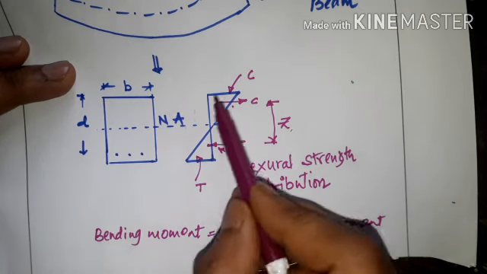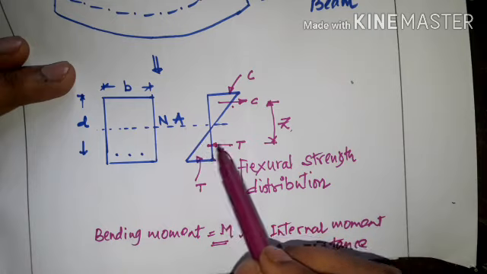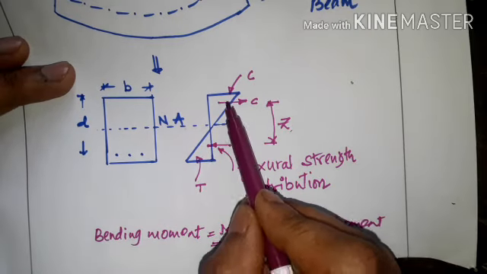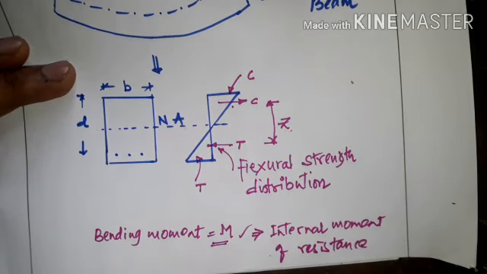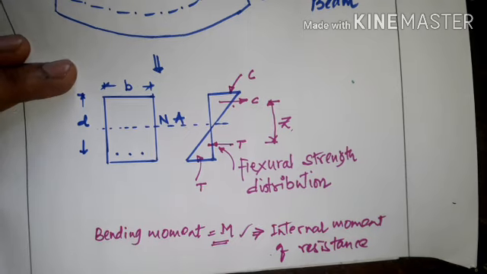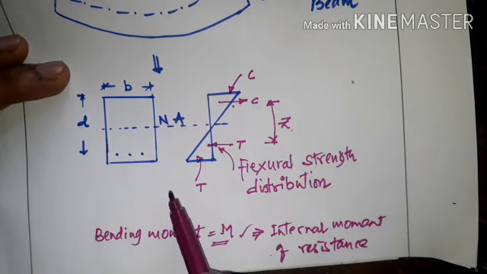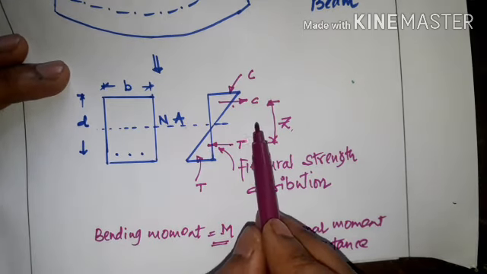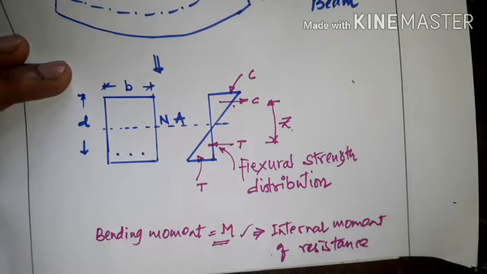And if this movement of resistance, which is nothing but the T will act about C or C will act about T, if that internal movement of resistance is less than the external movement, then your section will fail. Means what?